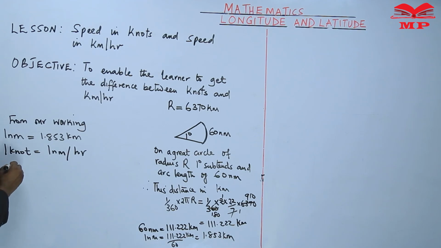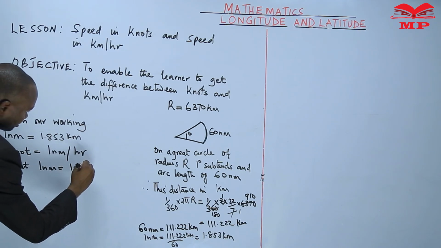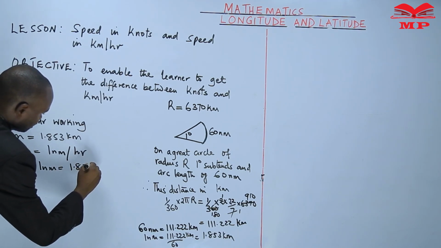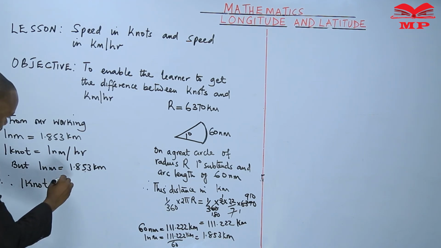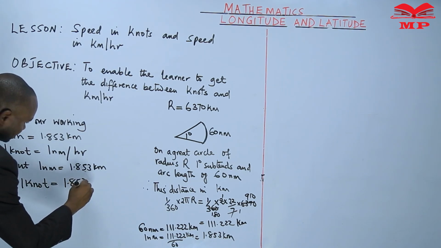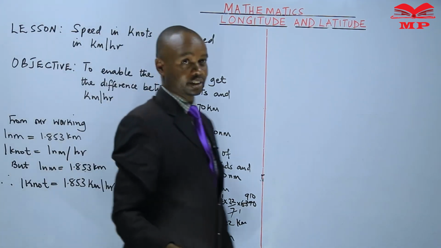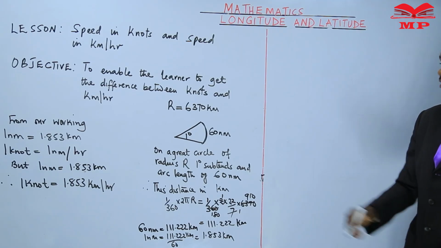But 1 nautical mile, we've seen, is equal to 1.853 kilometers. Therefore, 1 knot is equal to 1.853 kilometers per hour. So learner, there you'd have derived the relationship from the very basics.